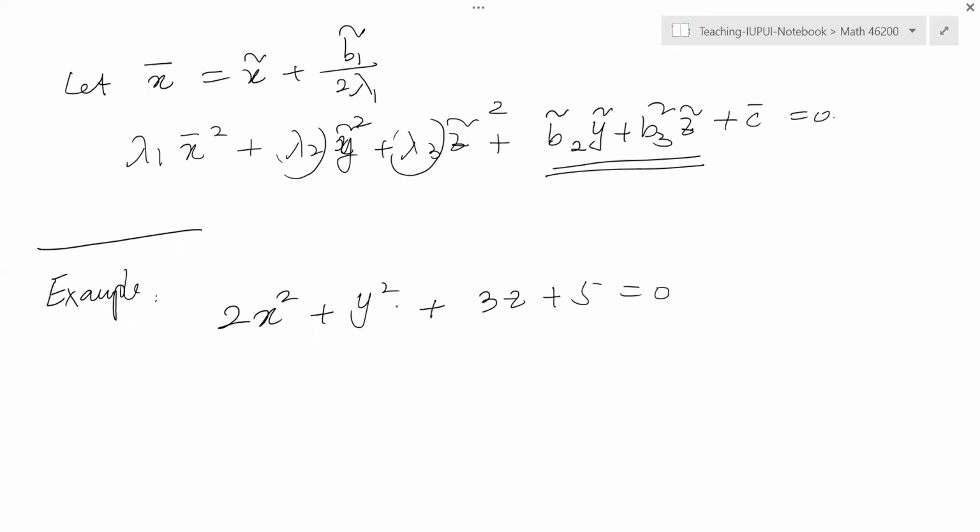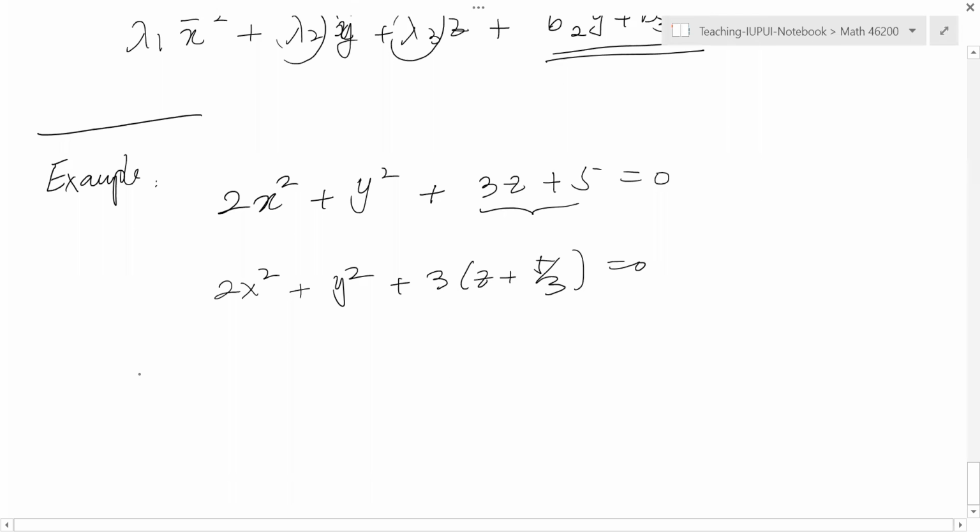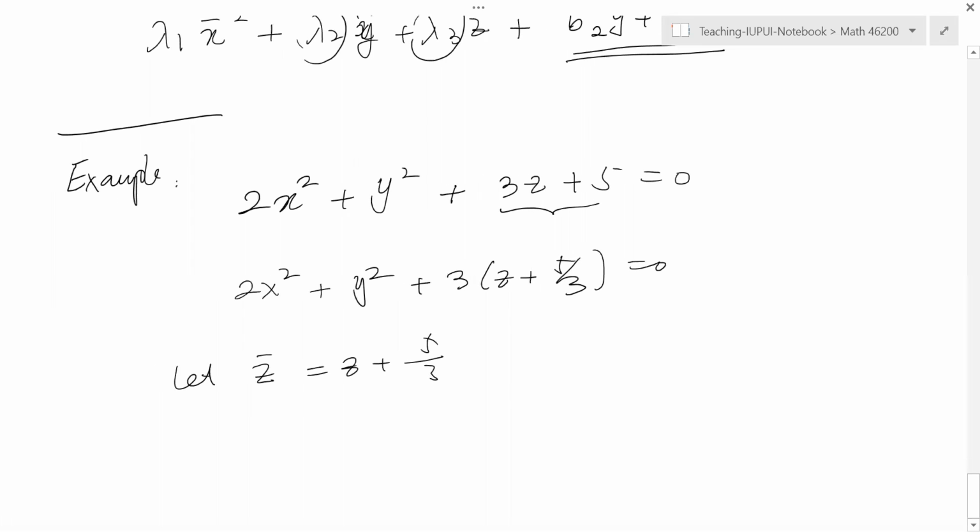But what we can do is combine those two. You can take 3 out. Final touch, we call it: plus 3 z plus 5/3 equals 0. I can introduce z bar to be z plus 5/3. All those transformations we call orthogonal transformations.